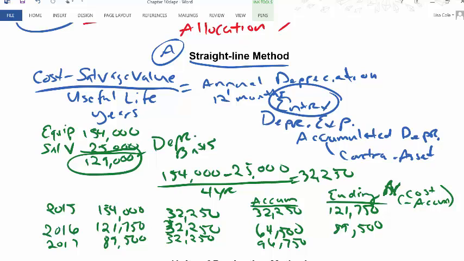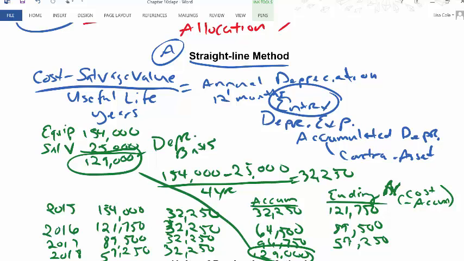And as my book value goes down every year, my book value is now $57,250. And then in the final year, 2018, I started out with a book value of $57,250. I take another $32,250 of depreciation. My accumulated depreciation final number is $129,000, and that should look familiar.